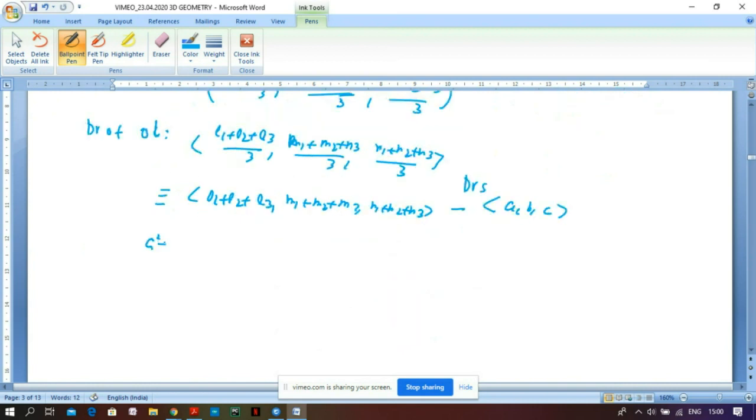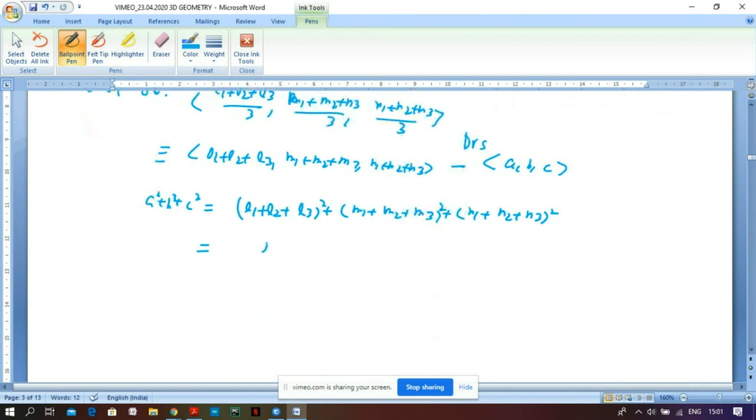So I need to find a square plus b square plus c square, and that becomes (L1 + L2 + L3) whole square plus (M1 + M2 + M3) whole square plus (N1 + N2 + N3) whole square. Now if you expand, quickly cancel out the mean terms. L1 square plus L2 square plus L3 square plus 2 L1 L2 plus 2 L2 L3 plus 2 L3 L1.